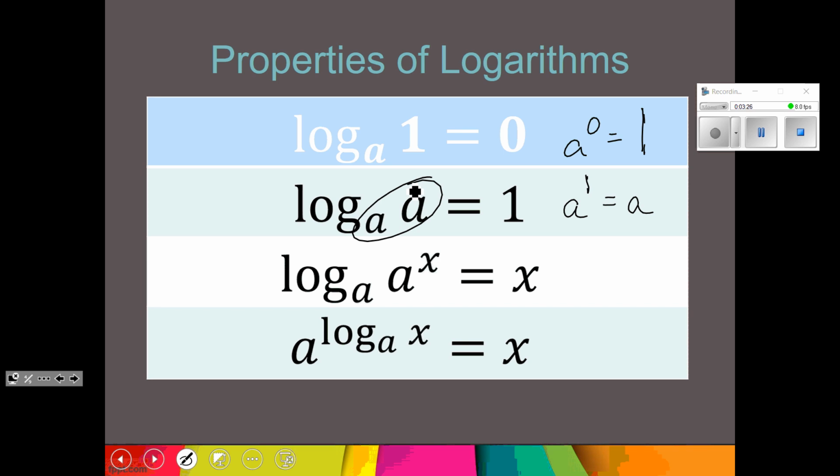The log base a of a to the x, basically you're combining a log with something in exponential form, and when the bases match, you're doing two opposites, so they will cancel, and you'll just get x. You just get the exponent.